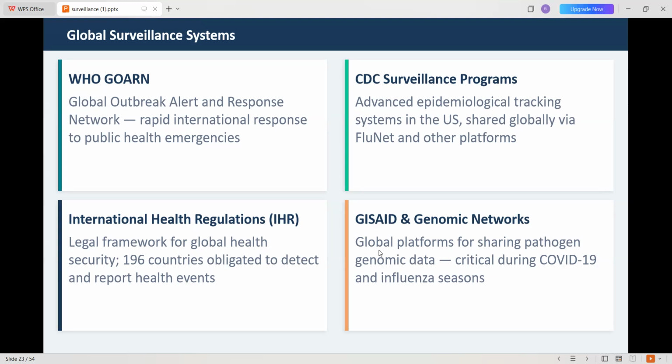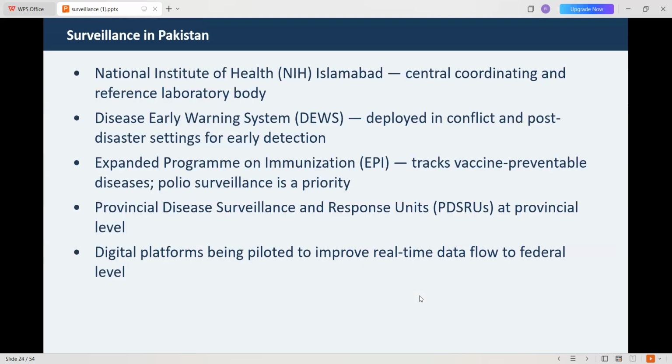Next is the global platform for sharing pathogen genomic data, which is critical during COVID-19 and influenza season.